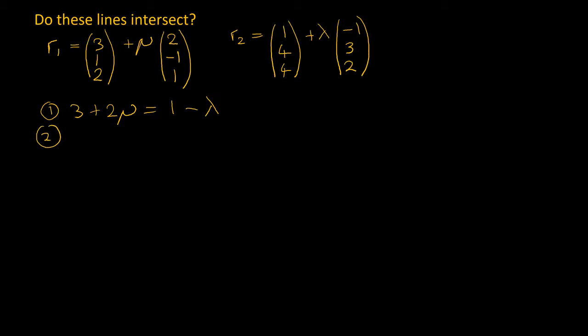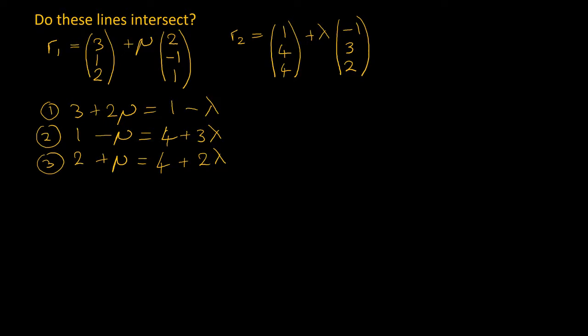The second one will be 1 minus mu equals 4 plus 3 lambda, and the third one will be 2 plus mu equals 4 plus 2 lambda.